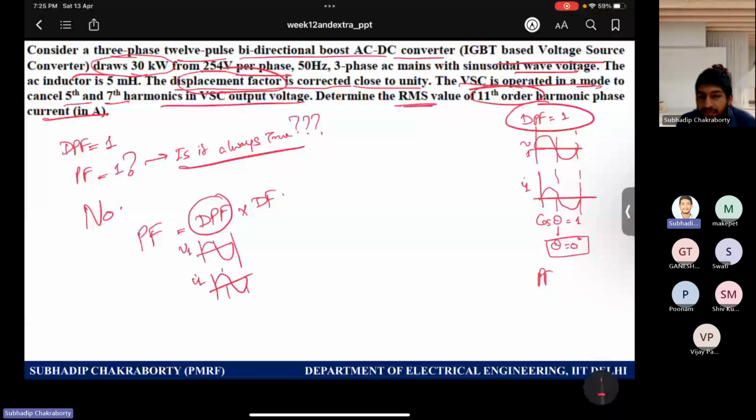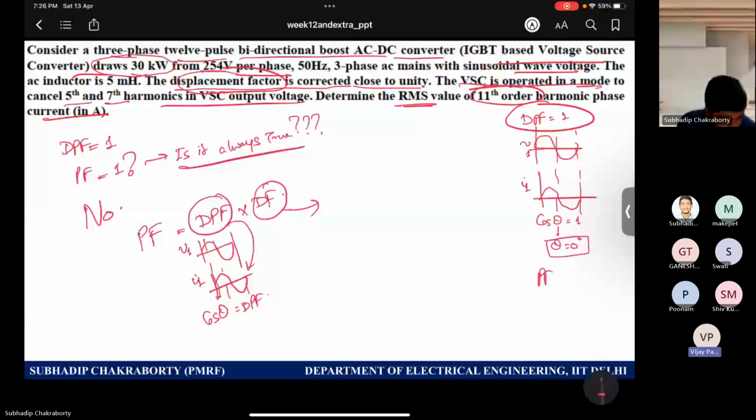What is distortion factor? Can anyone recall and tell me the definition of distortion factor? Just recall and tell me, because at this stage it is important. Fundamental component upon RMS component. Yes.